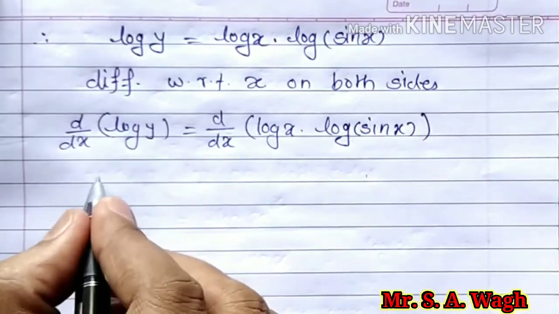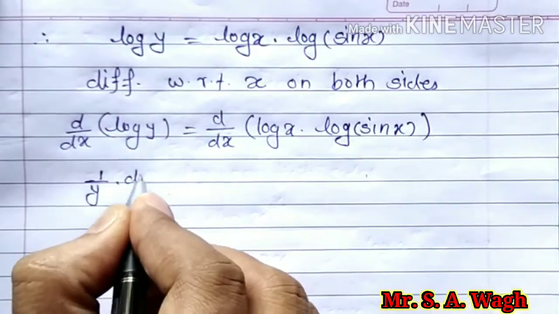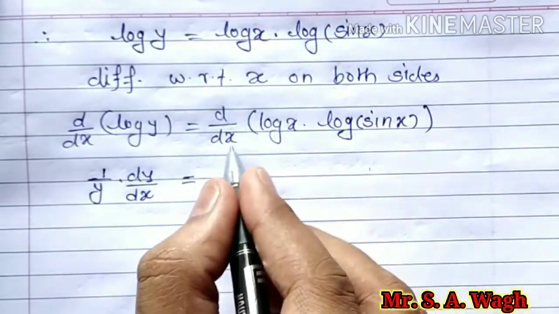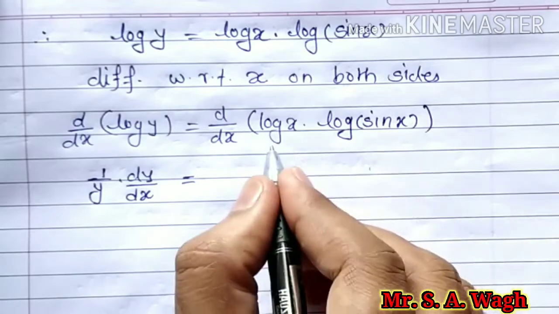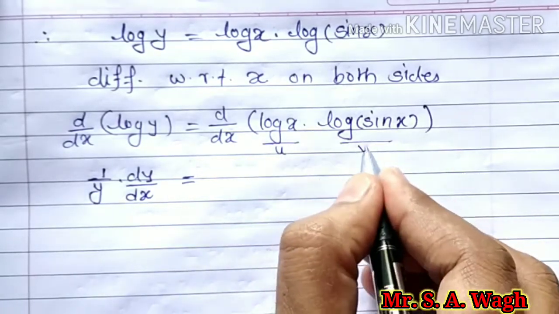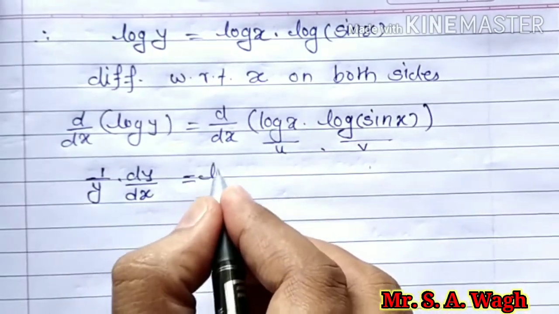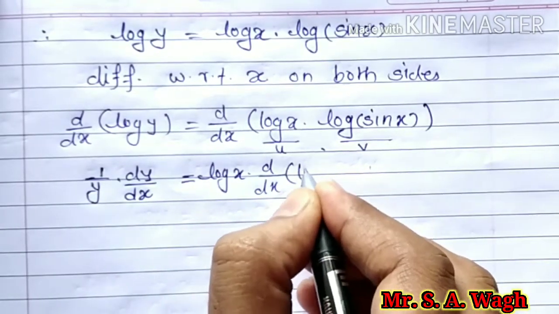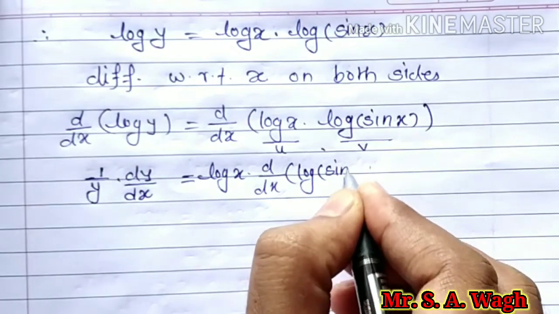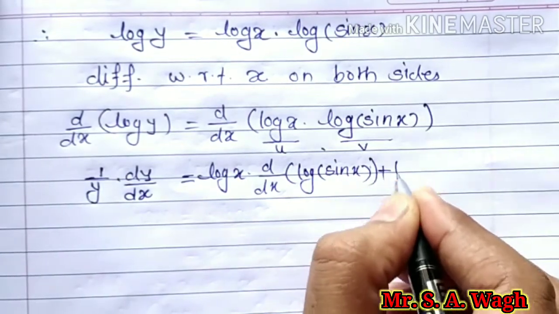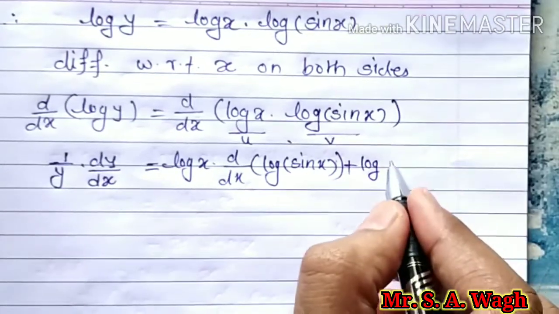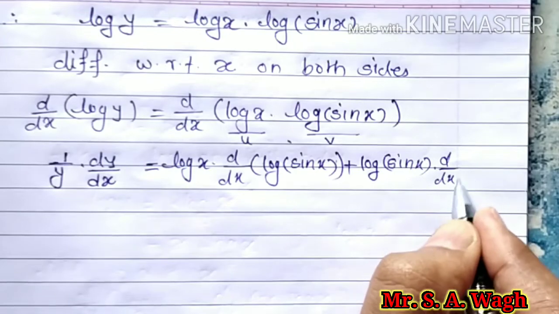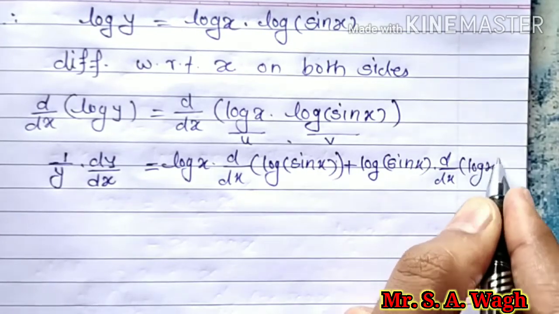So the derivative of log y is 1 upon y into dy by dx, as illustrated in the previous example, and this is the derivative of log x into this. So this can be done by using u into v: first, log of x as it is, derivative of log of sin x, plus log of sin x into the derivative of log of x.